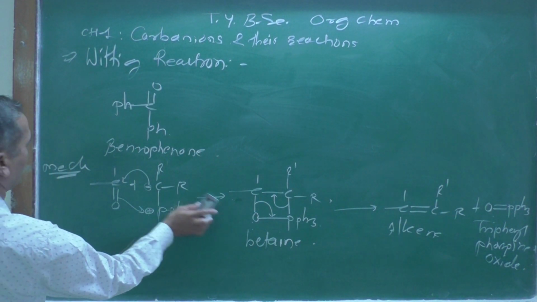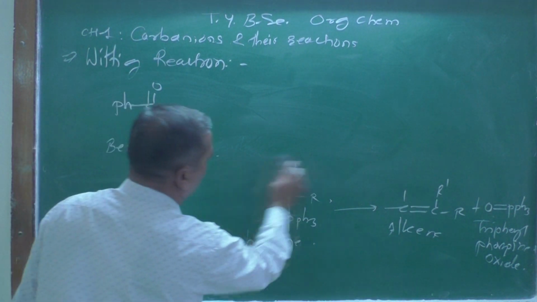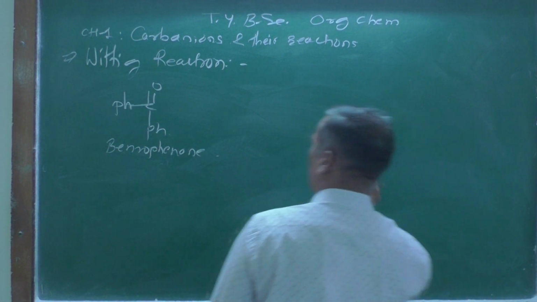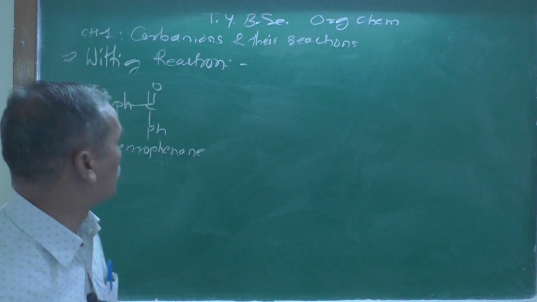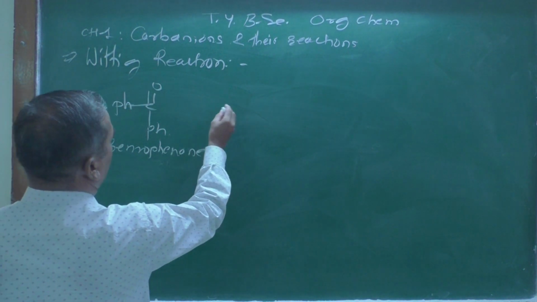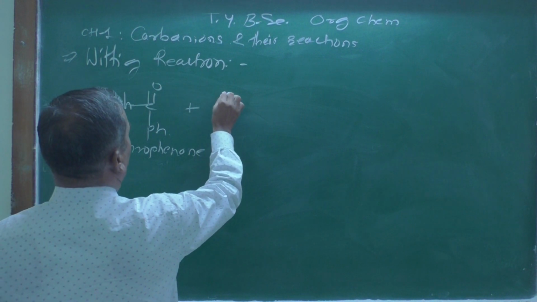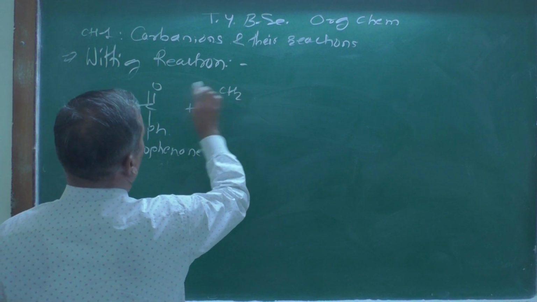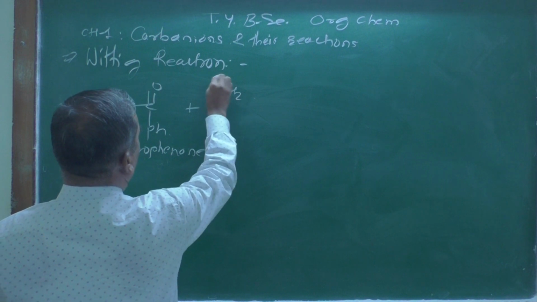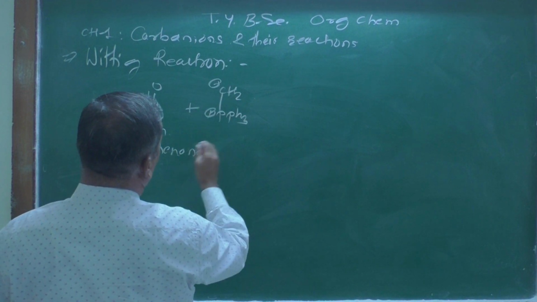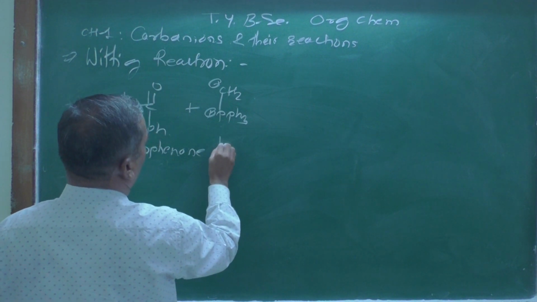When this benzophenone is further treated with the ylide, that is the Wittig reagent, and as we know the Wittig reagent is generally, suppose, CH2 with a minus charge and phosphorus PPh3 with a positive charge. This is called the Wittig reagent.